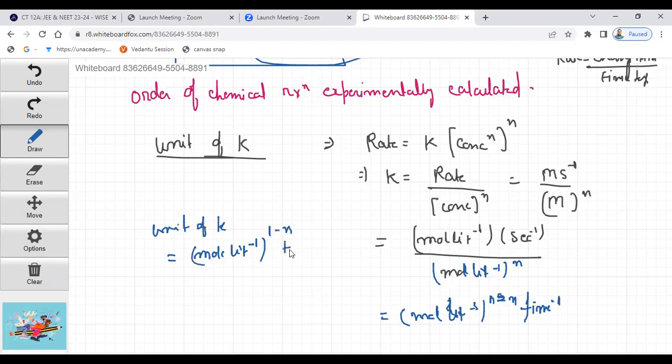Why am I writing time inverse? Time may be in minutes, maybe in seconds. That's why I'm writing time inverse. This is the unit of k value.